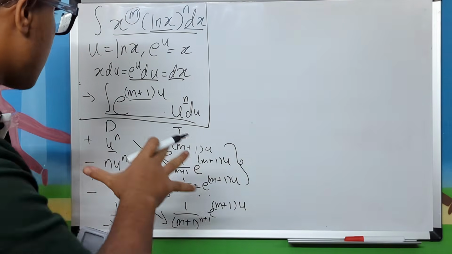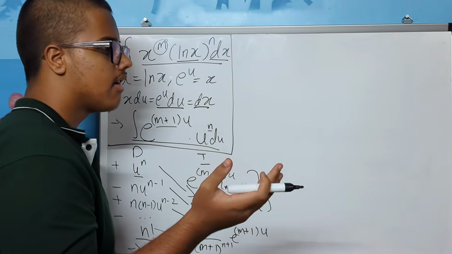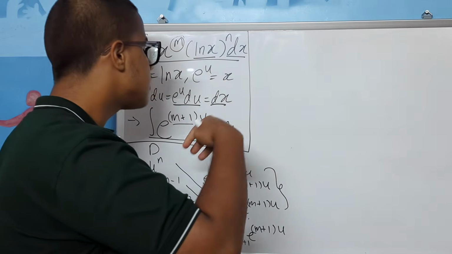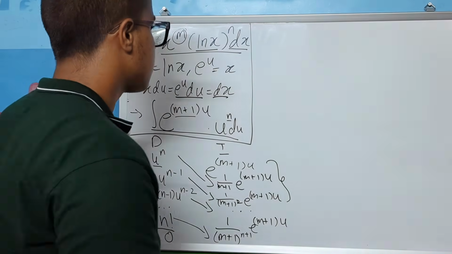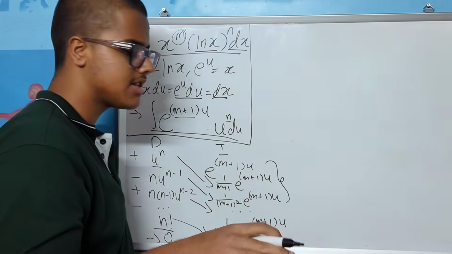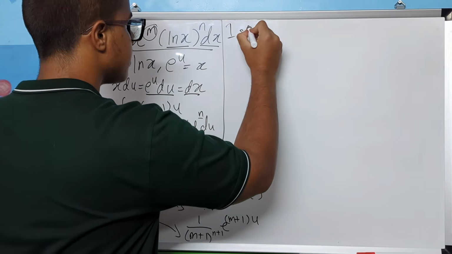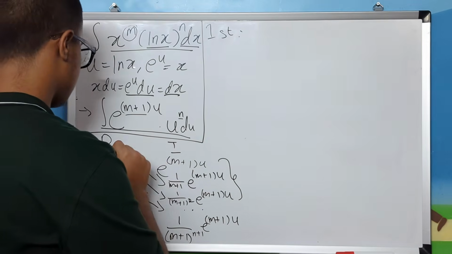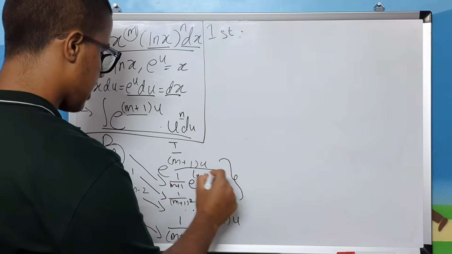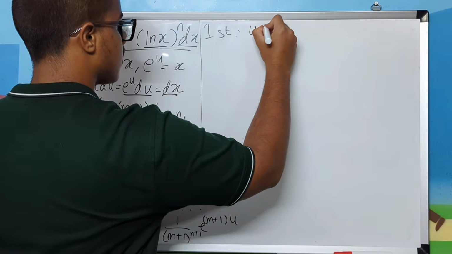To deduce this into a summation, we can try to see what the pattern is here. Let's match this up with the iteration. For our first iteration, we have u to the n multiplied with this, so we just get this.